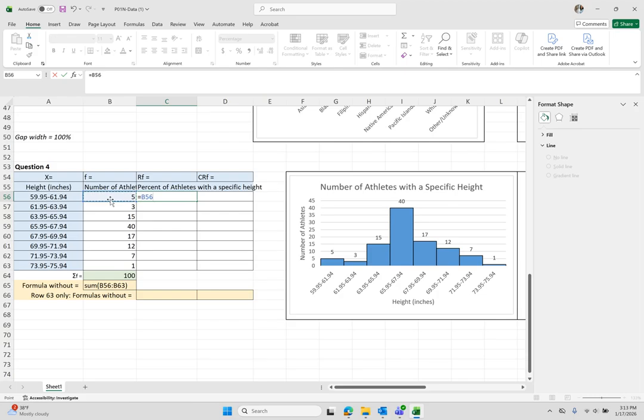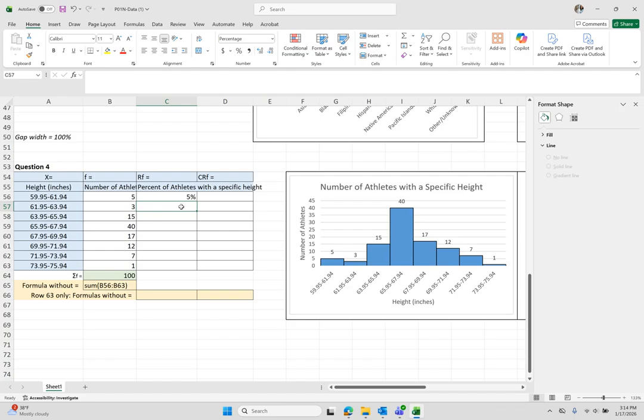And then I want to divide it by the total, which is in location B64. So B56 divided by B64. And this is in percent form. If it comes as a decimal in your file, you remember how to change it to a percent from the previous questions.